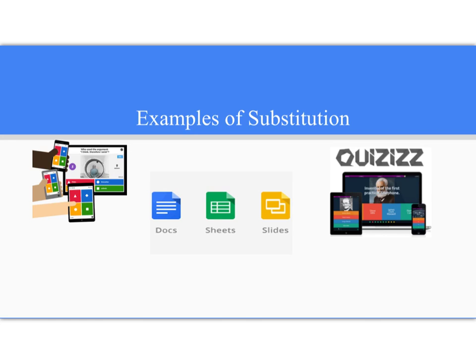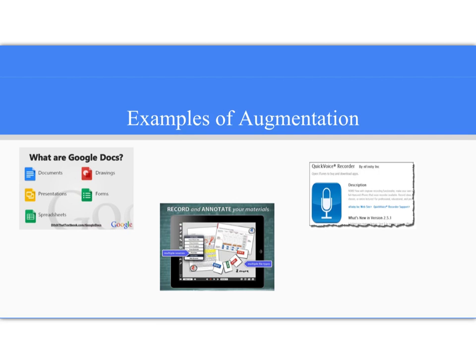Substitution is when the technology acts as a direct tool substitute with no functional improvement. An example would be students using a word processor or Google Docs to type up a paper and then print it out, rather than writing the paper by hand and then submitting it to the teacher.